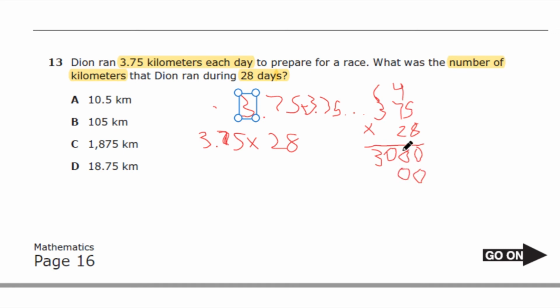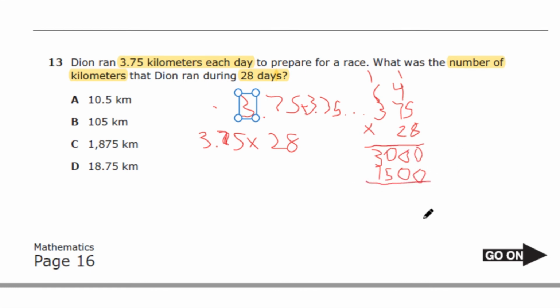So we write down the 0, regroup the 1. 7 times 2, 14, and then we add the 1, so 15. So we write down the 5, regroup the 1. Then we do 3 times 2, which is 6. Then we add the 1, so 7. And we write it down. And that's all we have to do because there are no more digits there.